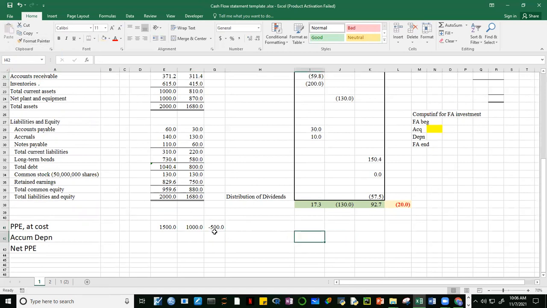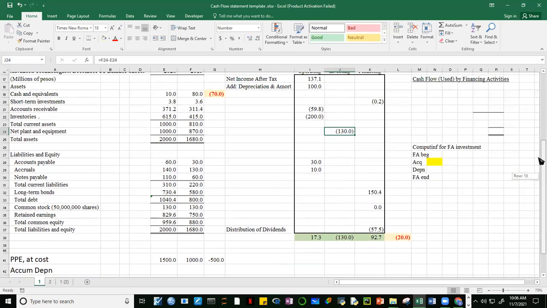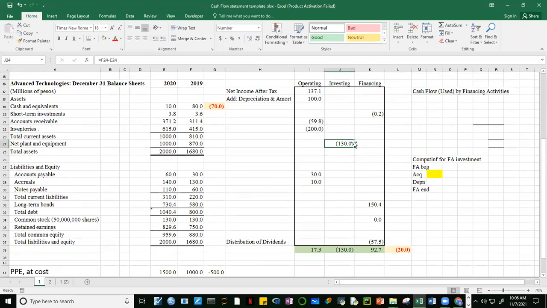Then the negative 500 here, which means the use of cash of 500, is what we will put here in your investing.